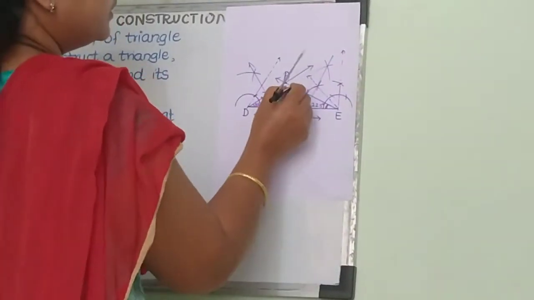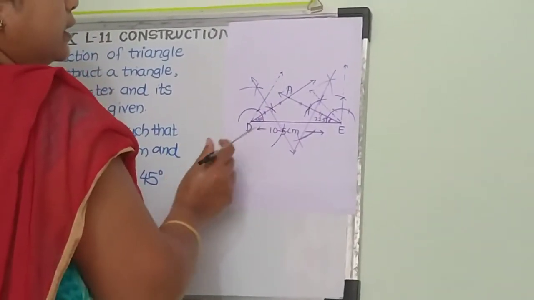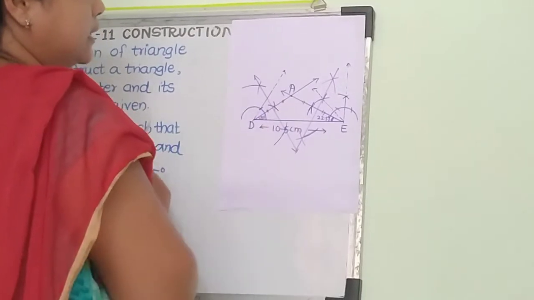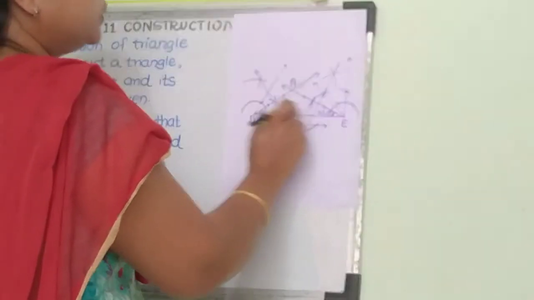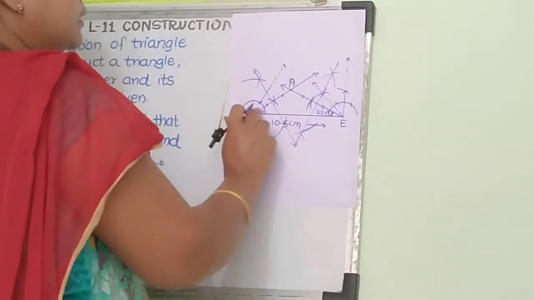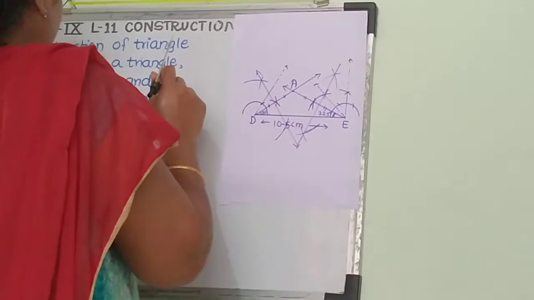Once we draw the perpendicular bisectors, we get these two perpendicular bisectors cutting our line into 2 points. The 30 degree angle is the half of which angle?